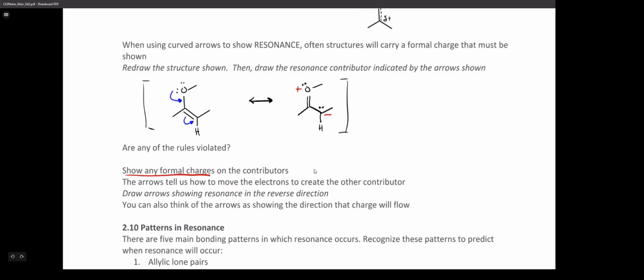What would it look like in the reverse direction? Let's do this in a different color. If it was in the reverse direction, in other words, I want to get back to what I started with, the pi electrons need to go back to the oxygen, right?